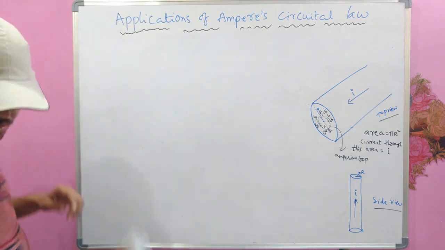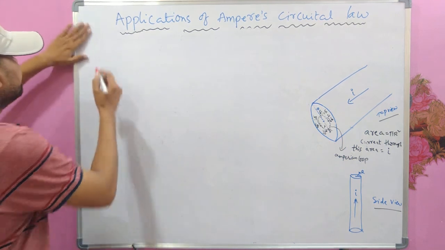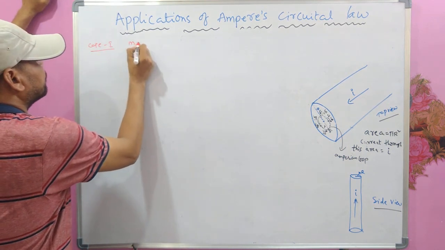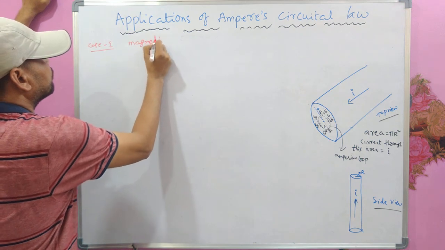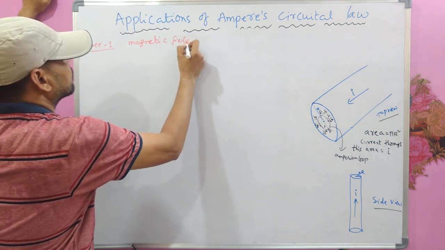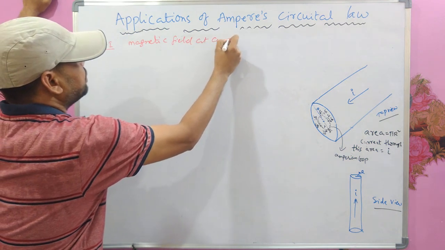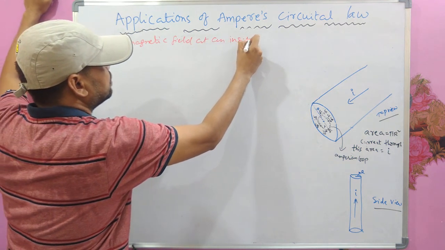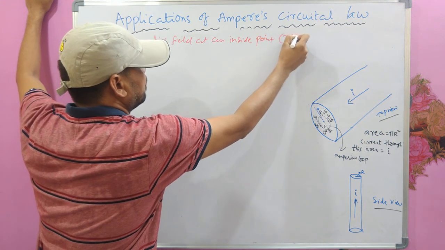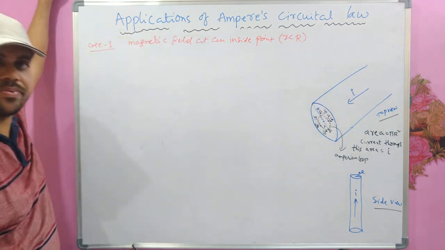Okay, so we are calculating case 1, which is magnetic field at an inside point. We are in the middle of it. We have not yet calculated it.